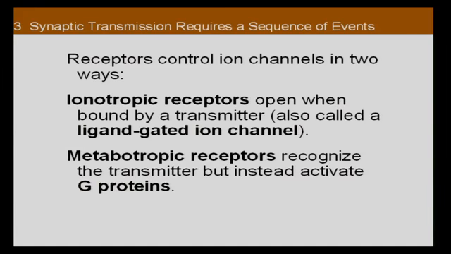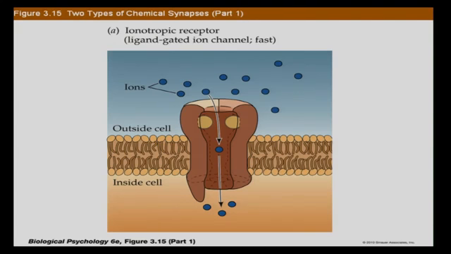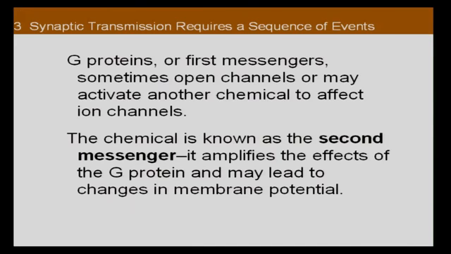Metabotropic receptors recognize the transmitter, but don't immediately activate ions or let ions through. Instead, they activate what's called G proteins. Let's look to see what that structure looks like. Oh, sorry. Here's the ionotropic receptor. We already looked at that. G proteins, what are G proteins?